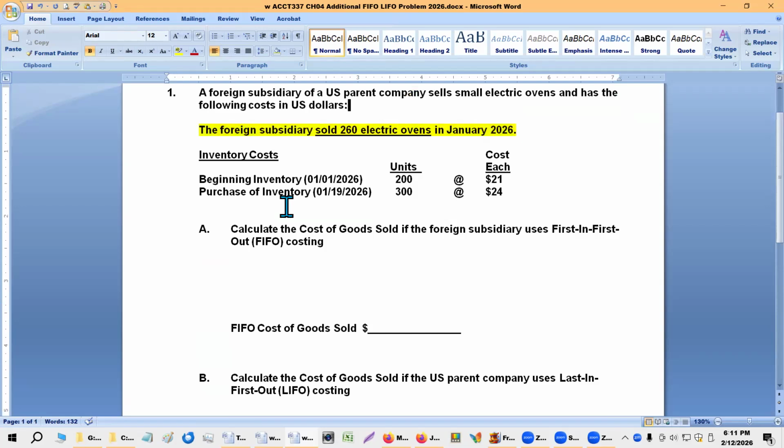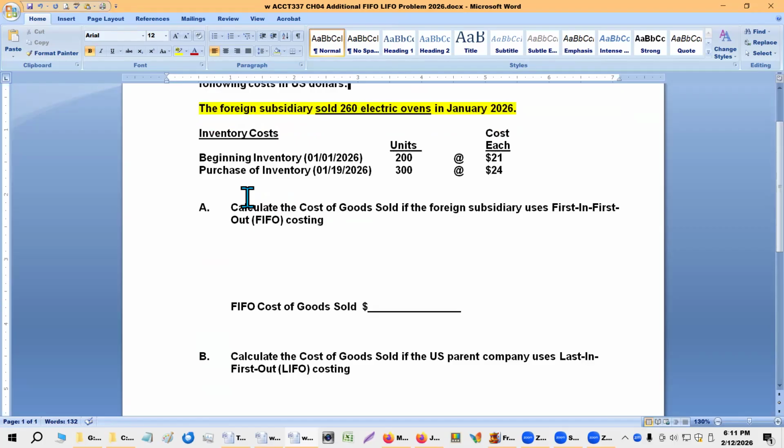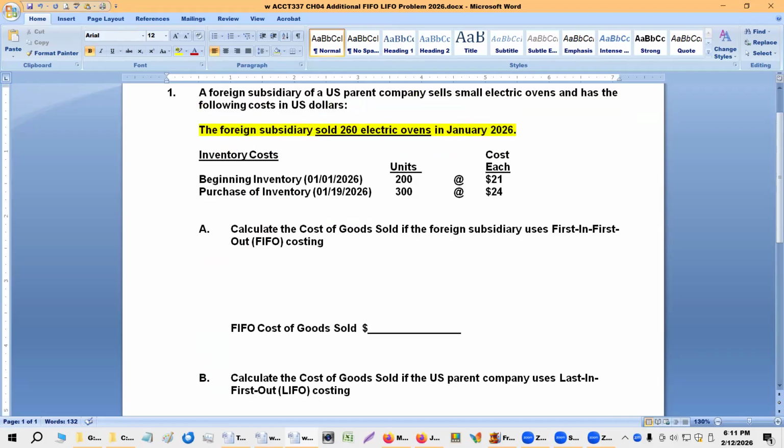If we're doing first in, first out, which ones are we taking? First, beginning inventory. Okay, so we need the cost for 260 units. And we're going to go first to the beginning inventory.